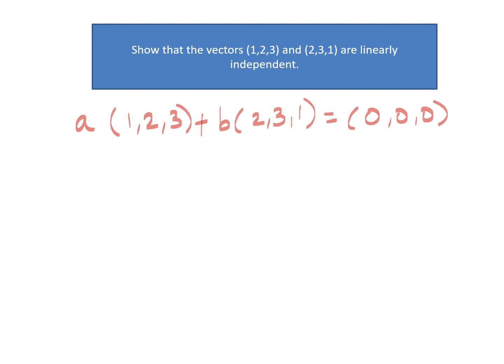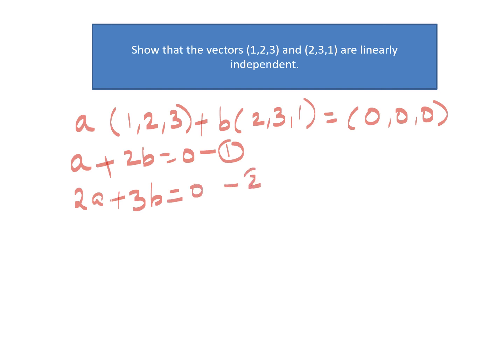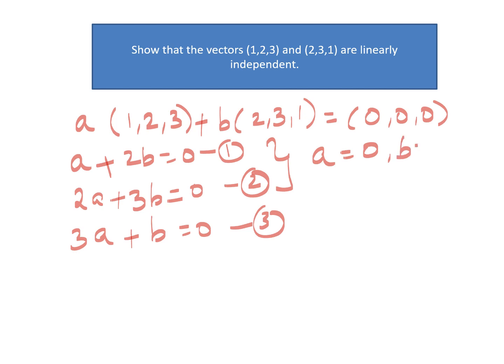Now, write it component-wise. The first component gives A plus 2B equal to 0, and now consider all the second components and equate them to 0, and then the third components. Solving these equations, I am able to get A equal to 0, B equal to 0.